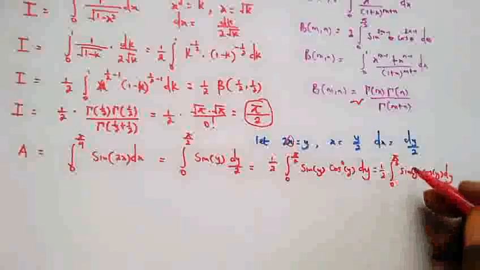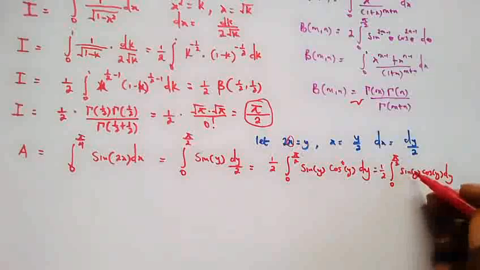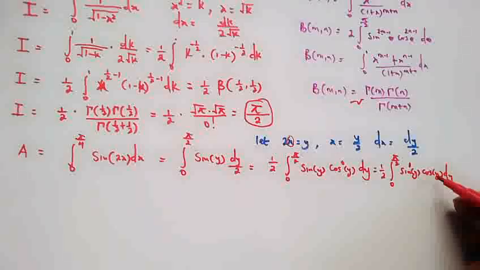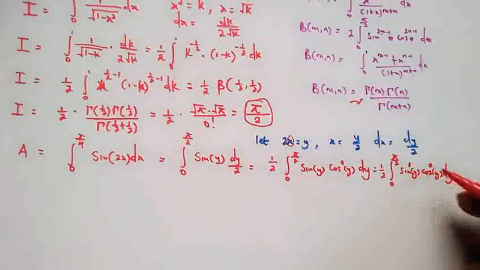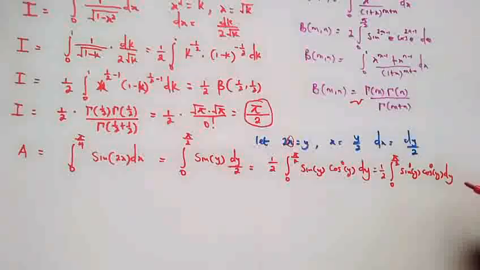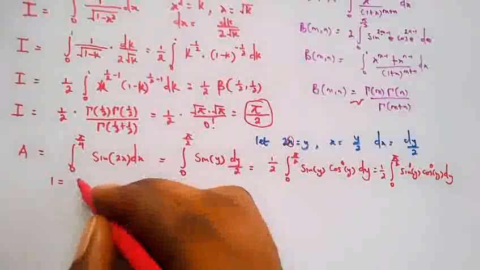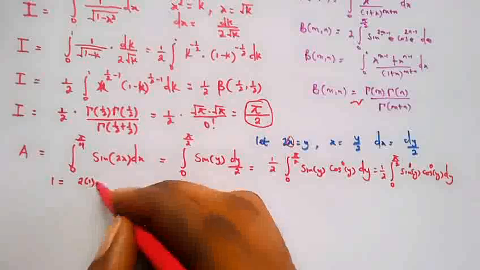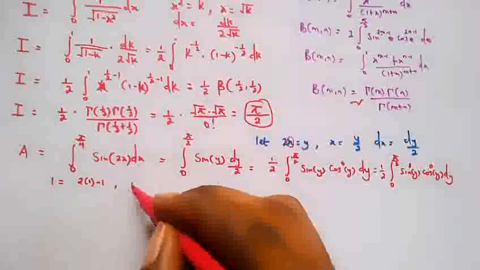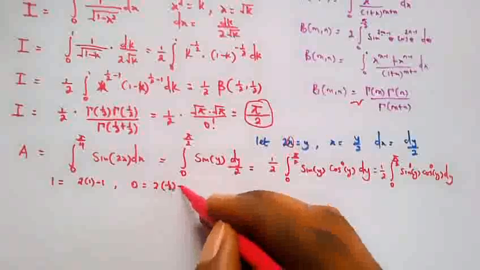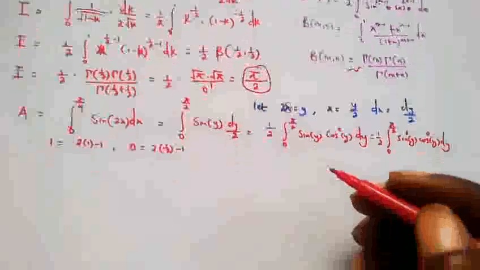Now the power of the sine function here is 1, and the power of the cosine function here is 0, as you can see. We all know 1 can be written as 2 times 1 minus 1, and 0 can be written as 2 times 1 over 2 minus 1. So these are the new powers we have now.